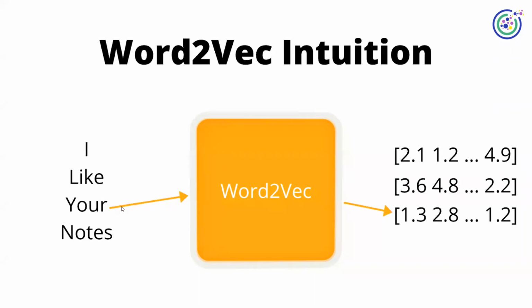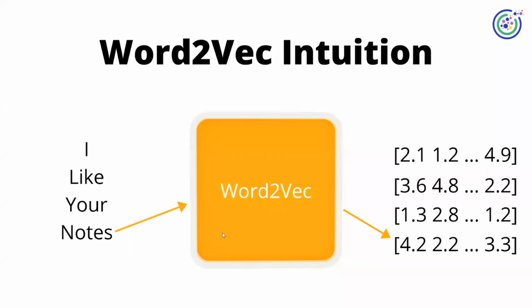Next, your, and then notes. So in the end, when you pass a text here, you are going to have a 2D array where each entry defines the vector of the word corresponding to that index. So in the 0th index, you have the vector representation of the word at the 0th index here. That's basically the intuition of word2vec.